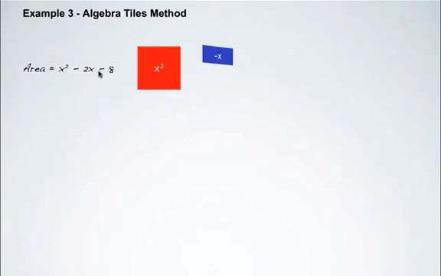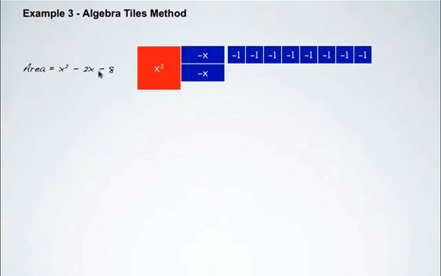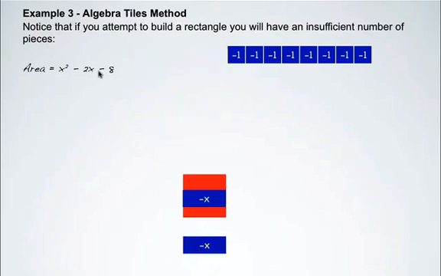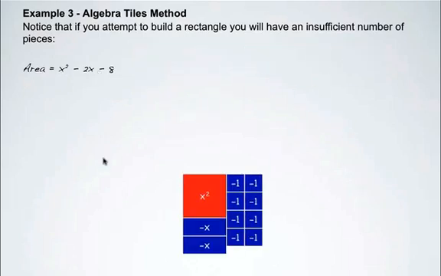Let's move on to example 3, the algebra tiles method. The area is given by the expanded form x squared minus 2x minus 8. Here are all our tiles that we need to work with. Notice that if you attempt to build a rectangle, you will have an insufficient number of pieces. Not a rectangle.